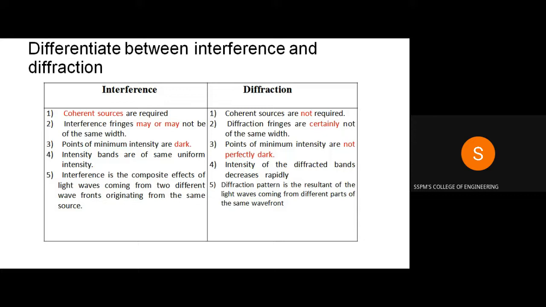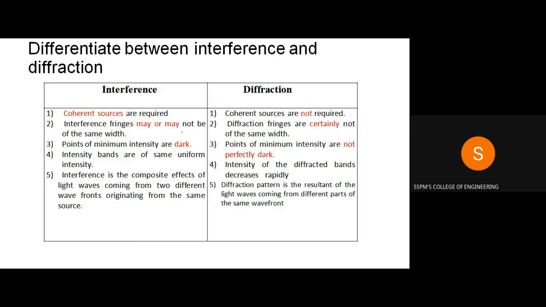In order to observe the interference phenomenon, these points should be followed: coherent sources are required, monochromatic sources are required. Whereas in case of diffraction, no such requirement is there. Coherent sources are not required. Monochromatic sources are also not required.